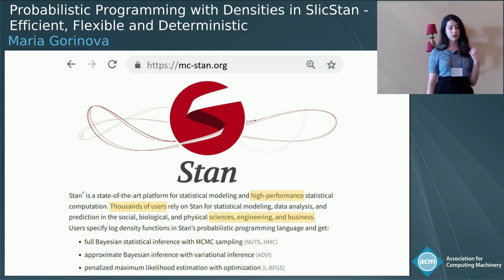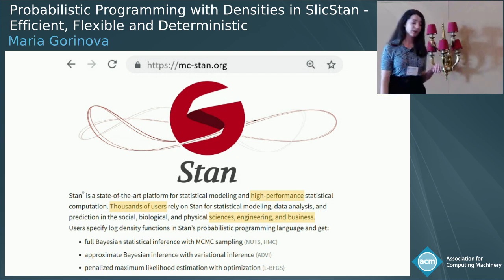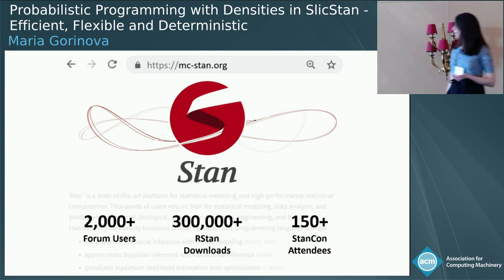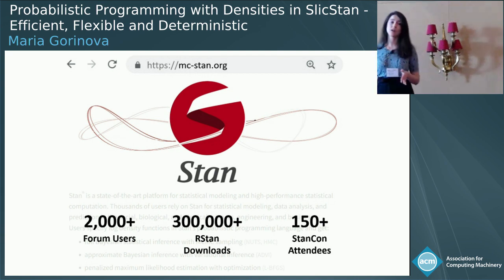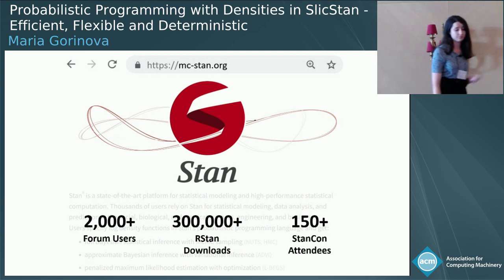It's a bit difficult to estimate how many, but it's safe to say that it's somewhere in the thousands, with more than 2,000 users on the Stan forums only, more than 300,000 downloads of the R interface for Stan only, and it even has its own annual conference, which is attended by more than 150 people every year.